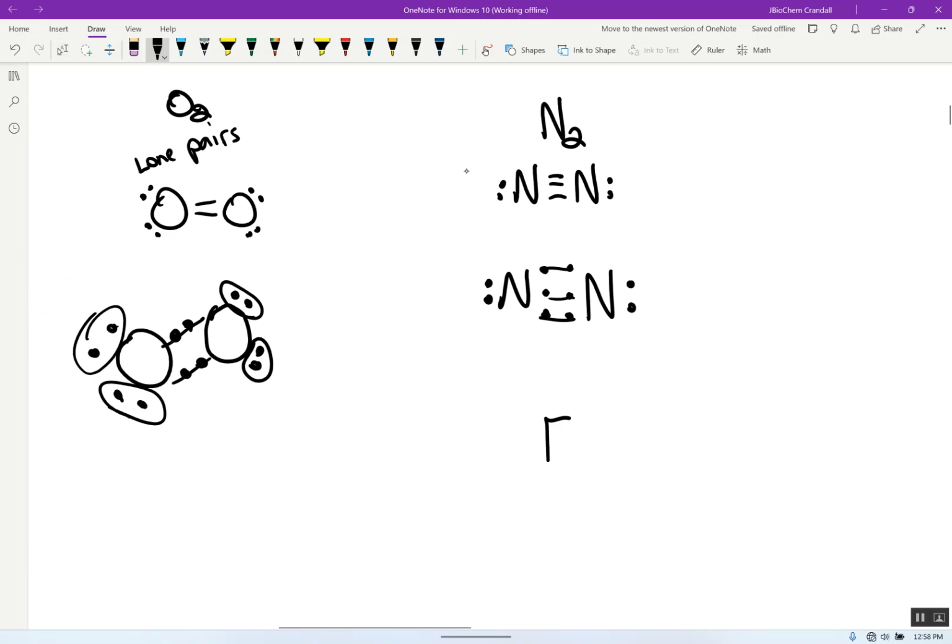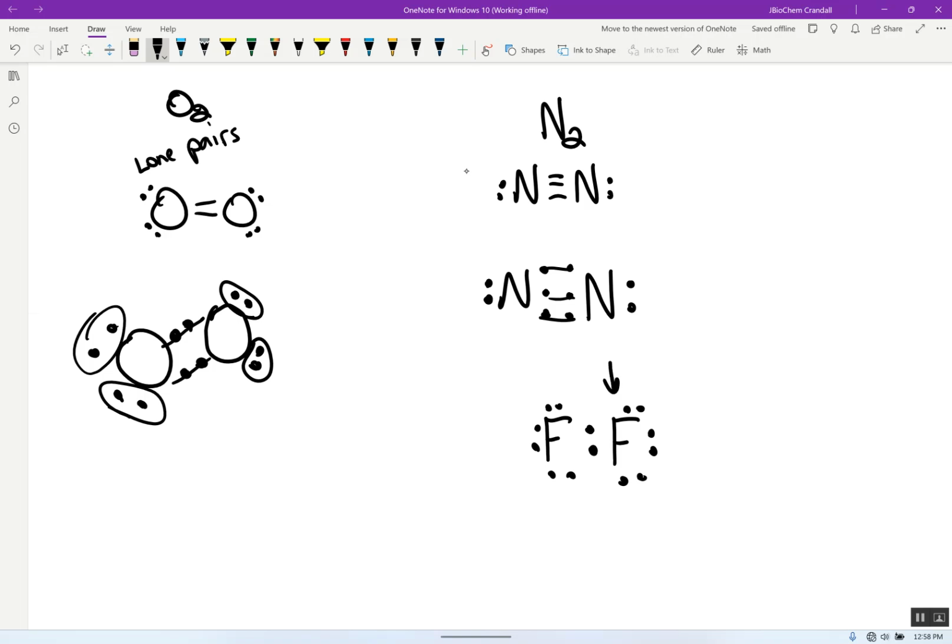Fluorine has 7 valence electrons. 1 of its electrons is unpaired. So we get another fluorine with 1 unpaired electron. How many lone pairs does fluorine have? There's 1 of the fluorines. How many? 3.